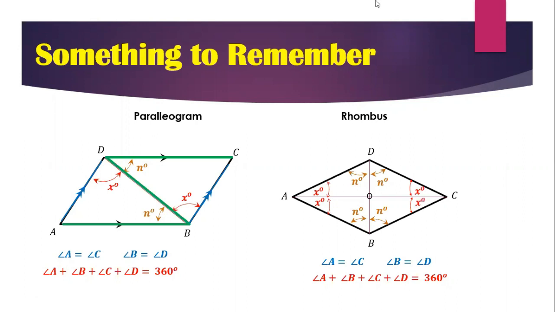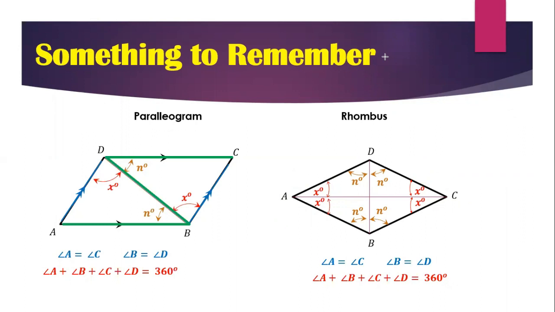That's the properties of the rhombus. Angle A will be equal to angle C, means 2x equal to 2x. Is it clear, everyone?